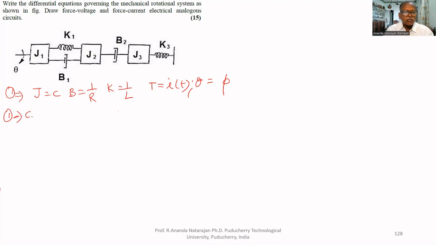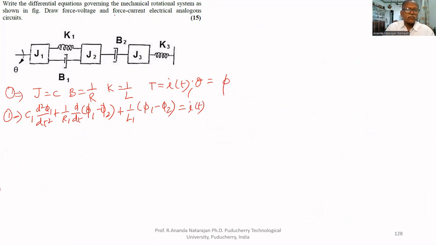J is replaced by C. Therefore, C1 d square phi 1 by dt square plus, B replaced by 1 by R1, d by dt of theta 1, that is phi 1 minus phi 2, plus K replaced by 1 by L1, phi 1 minus phi 2, equal to T. T becomes I of t for the torque-current analogy.